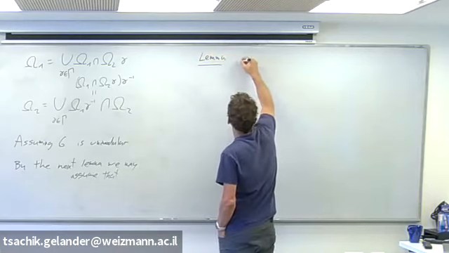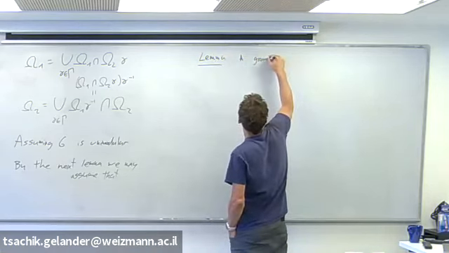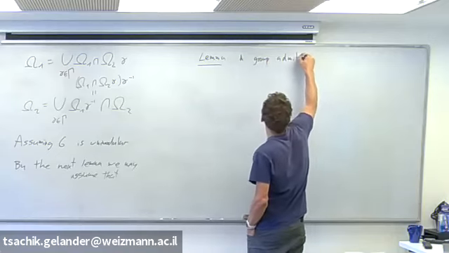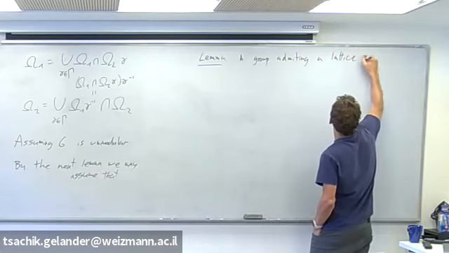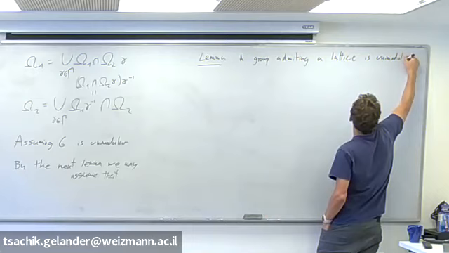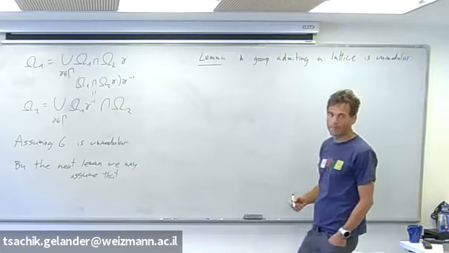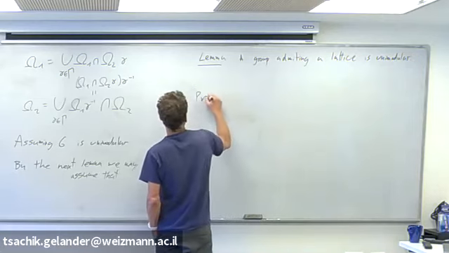If a group admits a lattice, then it is unimodular. And why? The proof.